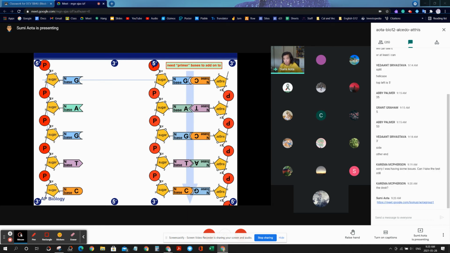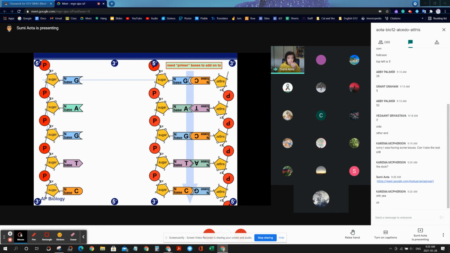There's actually a group 1 breakout room. So there's the link. And let me go to classwork and set up, reuse the post. Metabolic processes test, reuse it.